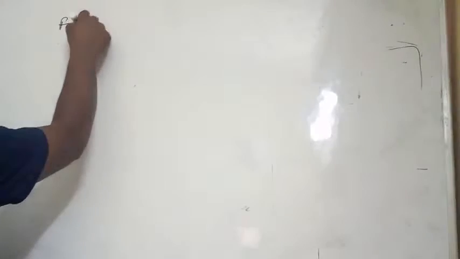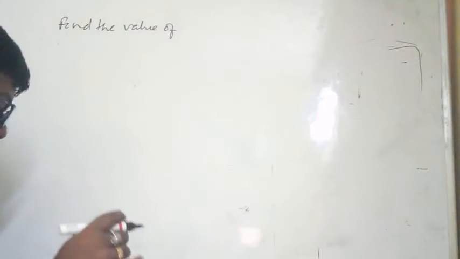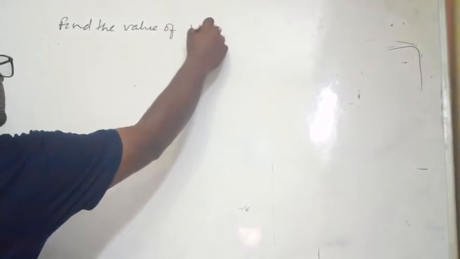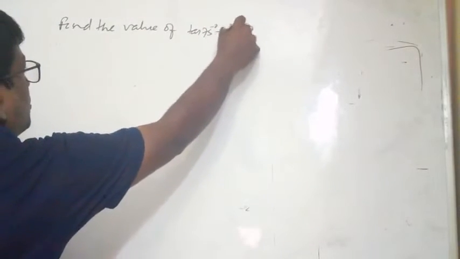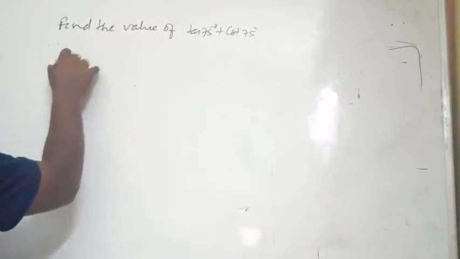Find the value of tan 75 degree plus cot 75 degree. Okay, solution.